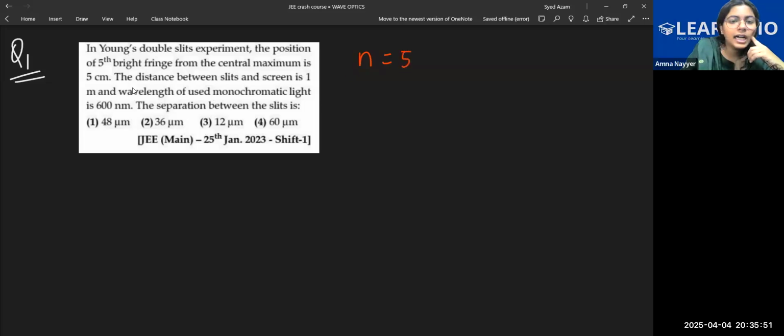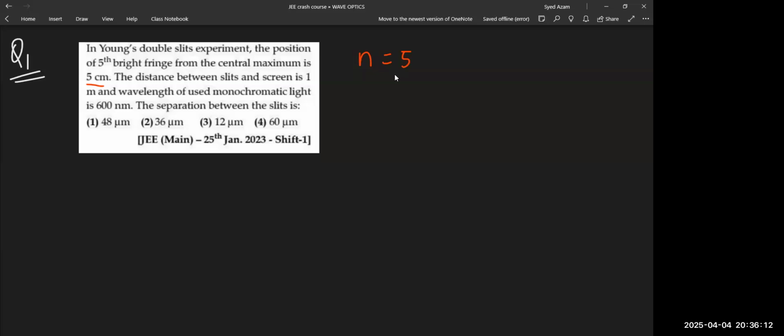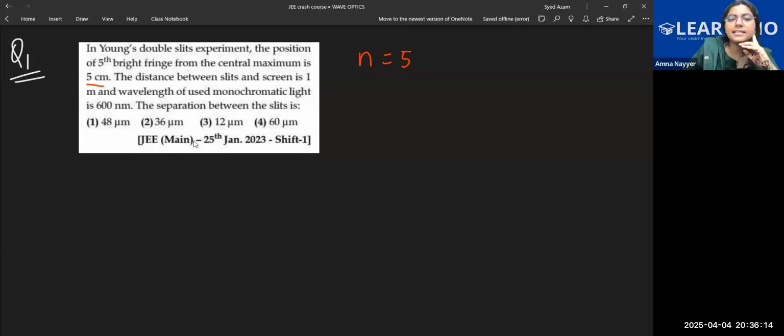Yes. What is this 5 centimeter out of all the variables? Y, right. Separation of any of the fringes from the central maxima. If this is the central maxima, 1, 2, 3, 4, and then the fifth one. This separation is Y, given as 5 centimeters.